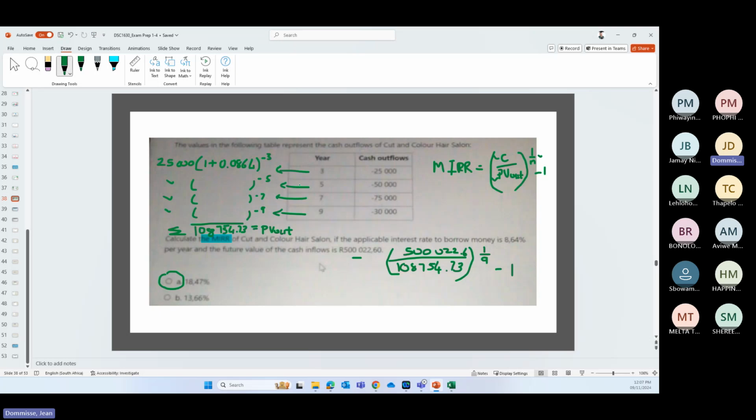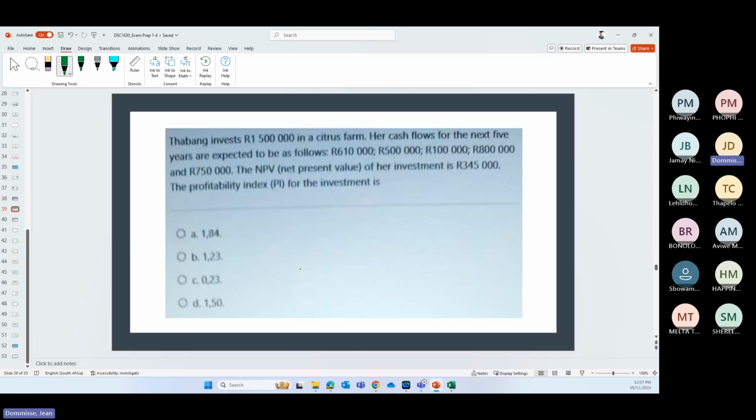So they can do it separately, or they can say, but let's throw it into one question. So this one is separate. So they say Tabang invest 1.5 million in a citrus farm.